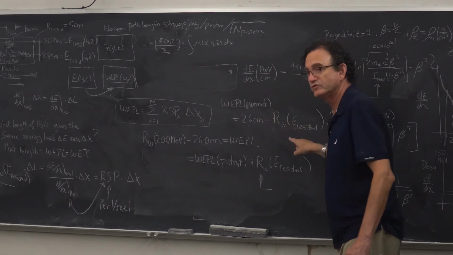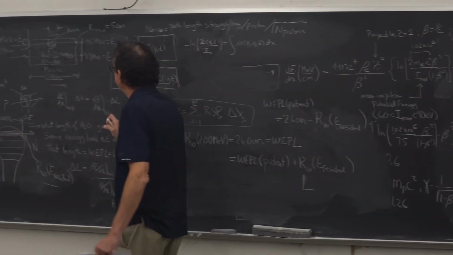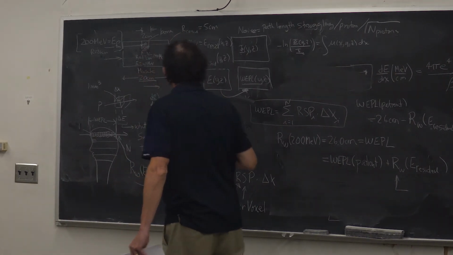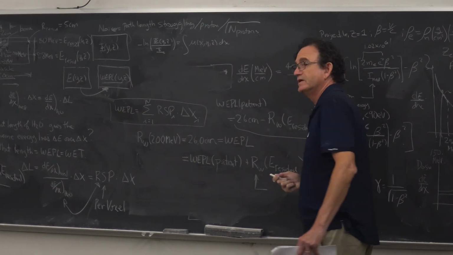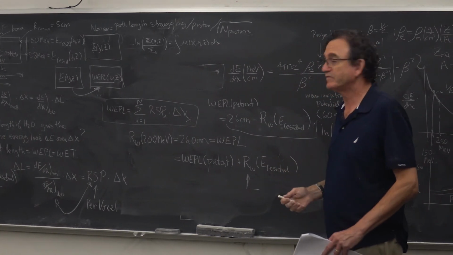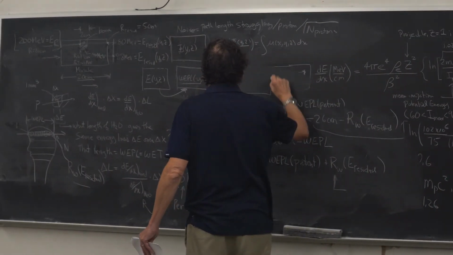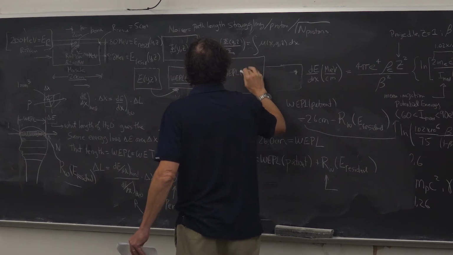This is the simpler way of doing it. If you have an actual range detector after here that measures how far it will go in water before it stops, then it's simply a matter of calculating this difference, and that's your Whipple value. And now you have a Whipple map. Now you have a map of Whipple of YZ.